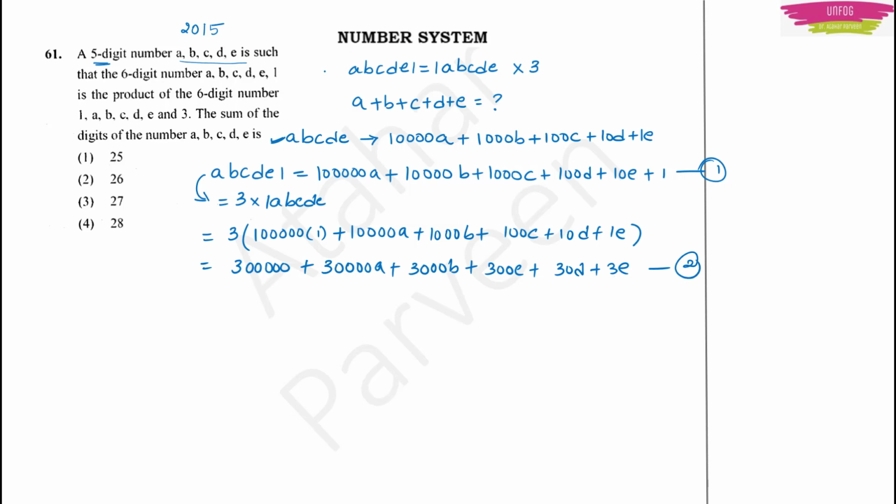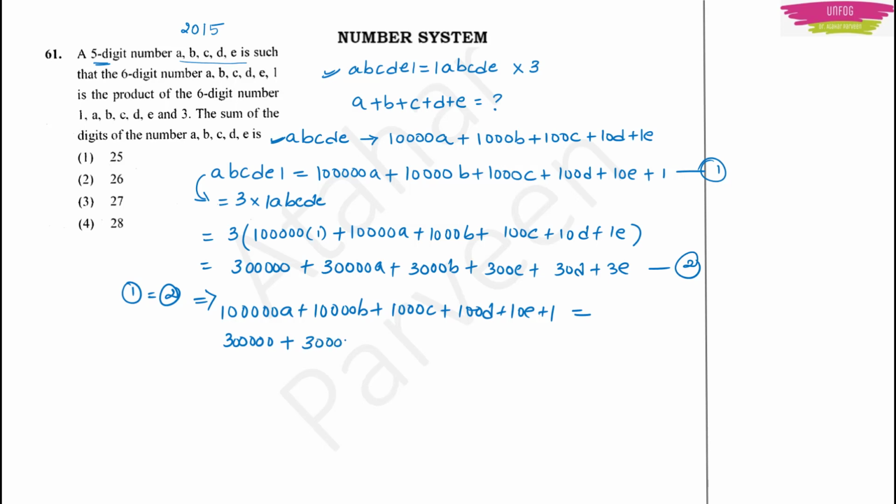Now according to the given condition, 1 should be equal to 2. So this implies that 1 followed by 5 zeros into A, plus 1 followed by 4 zeros into B, plus 1 followed by 3 zeros into C, plus 100 into D, plus 10E, plus 1, is equal to 3 followed by 5 zeros, plus 3 followed by 4 zeros into A, plus 3000B, plus 300C, plus 30D, plus 3E.